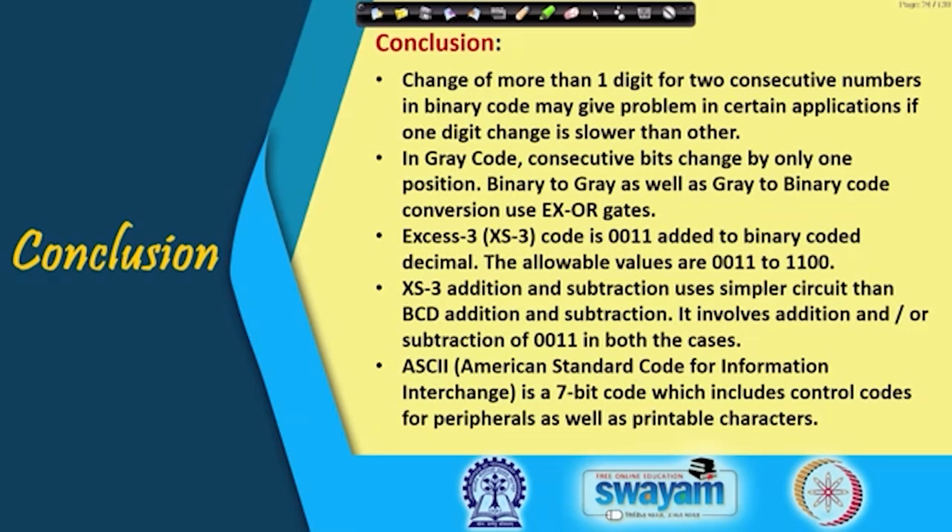XS3 code is the one where 0011 is added to the binary coded decimal, and XS3 addition and subtraction use a simpler circuit than the BCD adder subtractor circuit, and it involves addition or subtraction of 0011, that is 3, in both cases. And ASCII code is a 7-bit code by which control codes for peripherals and printable characters can be generated and exchanged.